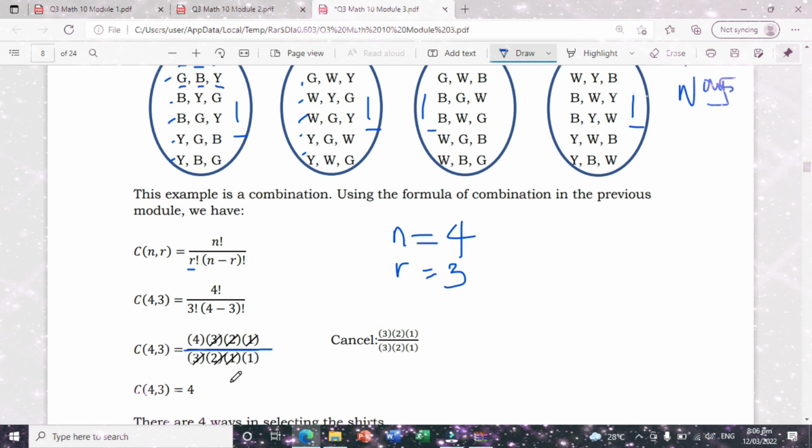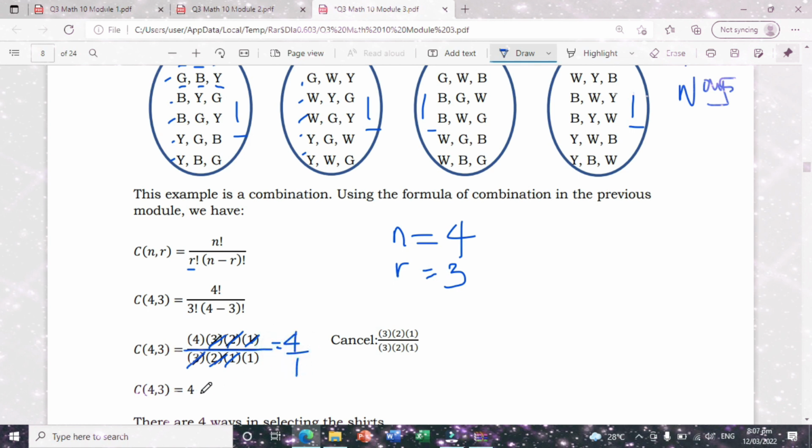So grade 4 mathematics, para hindi masyadong malaki yung i-multiply at saka i-divide, you can do the cancellation. So 3 at saka 3, makancel yan. 2 at saka 2, cancelled. 1 divided by 1 is 1. So ang matira dito is 4 divided by 1. Sulat ko lang, 4 over 1.